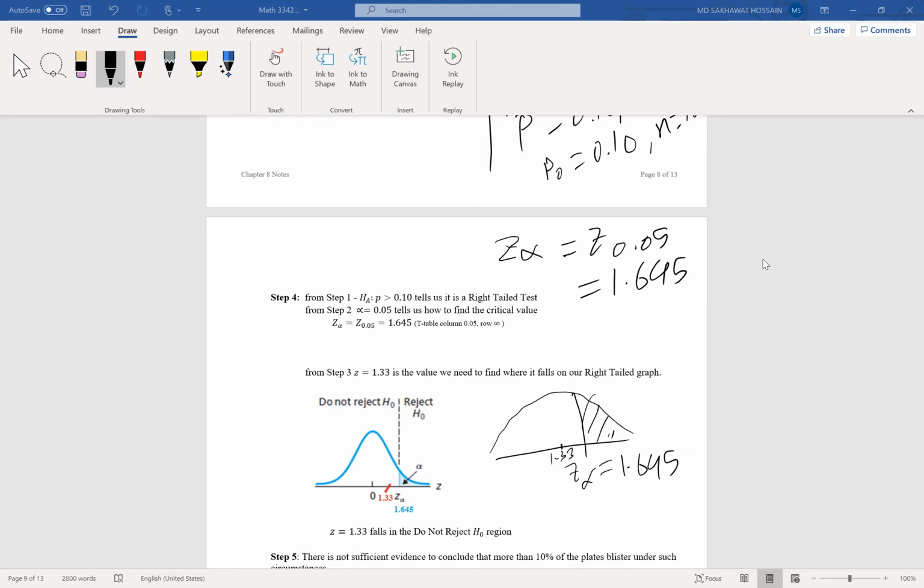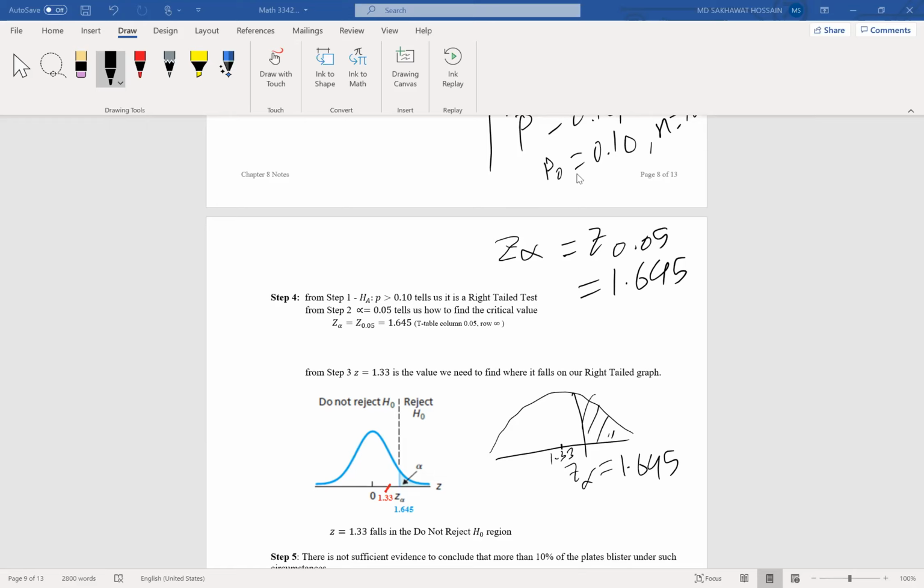I got one answer, so how about others? Do you think that it is inside the rejection region? Yes, this is outside.